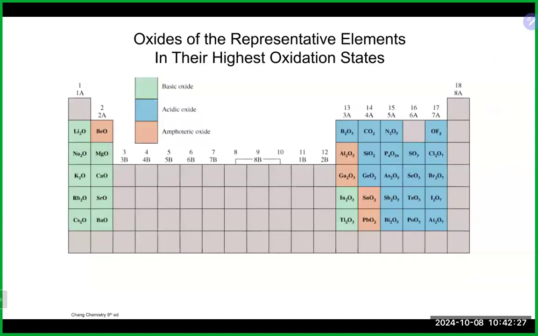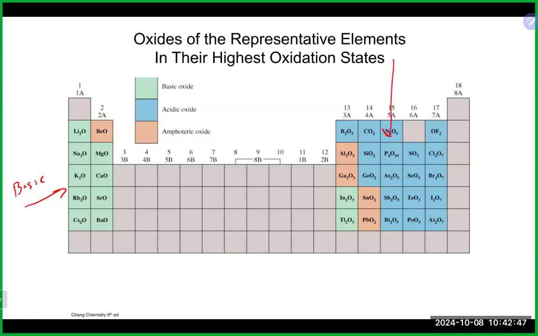So let's talk a little bit about oxides. Oxides are elements, obviously, that contain oxygen. And there are some basic oxides, which is like group 1 and 2 on the periodic table. Basically, these basic oxides, if you react them with water, will essentially produce bases like sodium hydroxide, potassium hydroxide, and so forth.